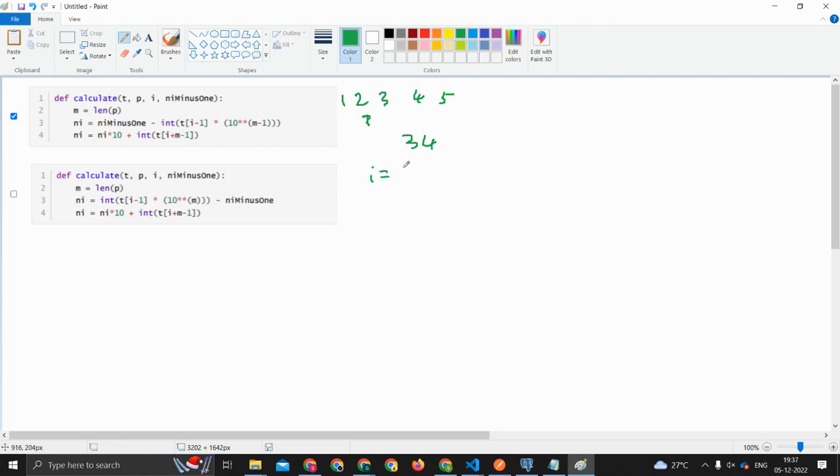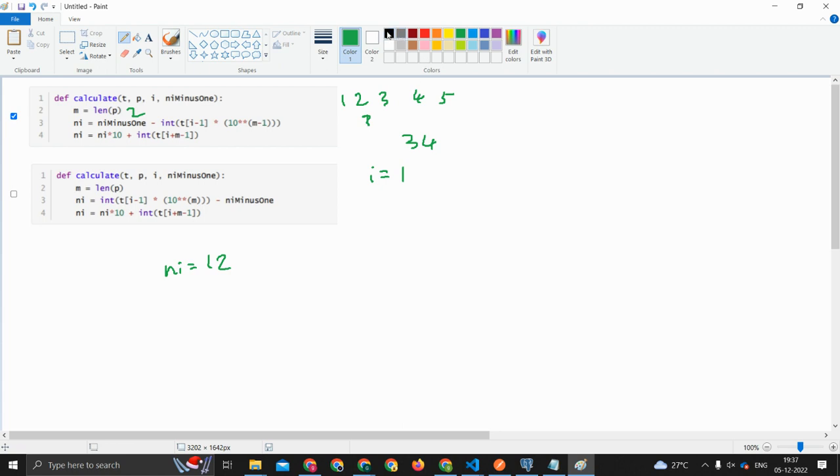I equals 1, and in this place it's 2. n_i equal to what? Ravina, for this question, what is n_i minus 1? It is 12.